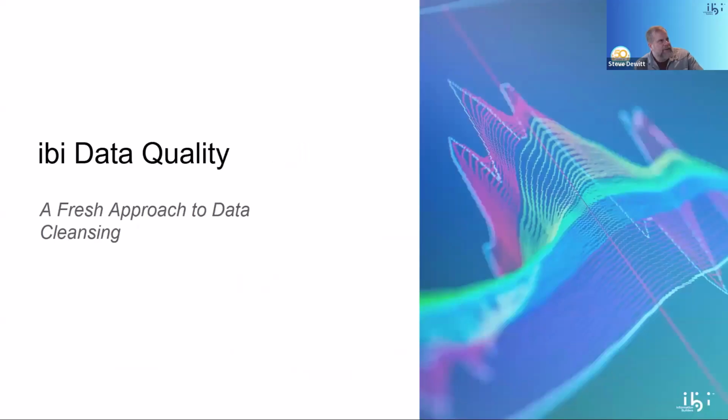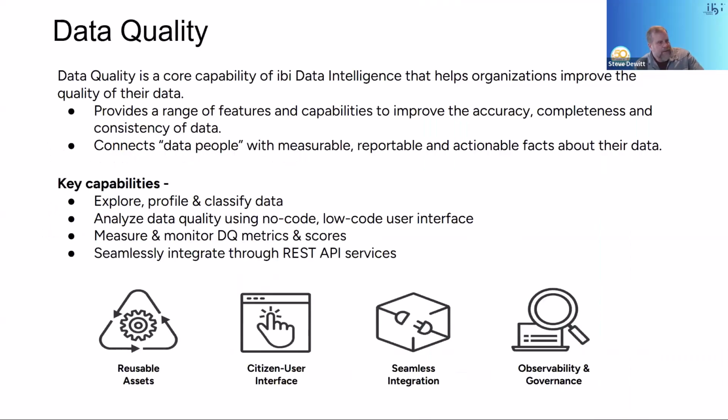So what changes? First of all, in IBI Data Intelligence, which is a platform that includes various services, we have IBI Data Quality. And data quality is where we build out rules for cleansing and standardization. And you'll get to see some of that in a little bit.